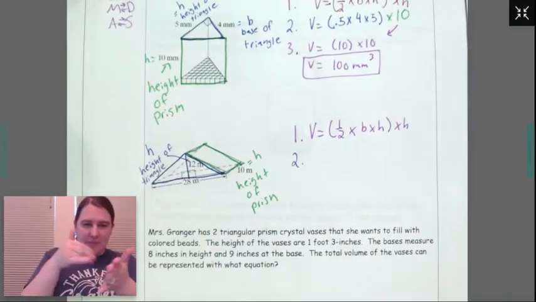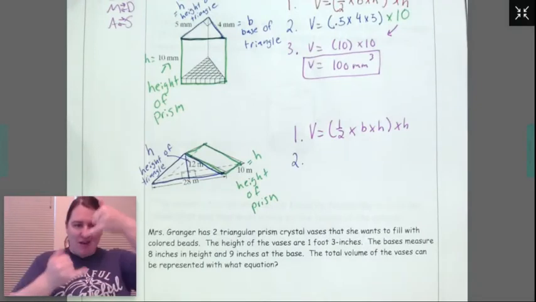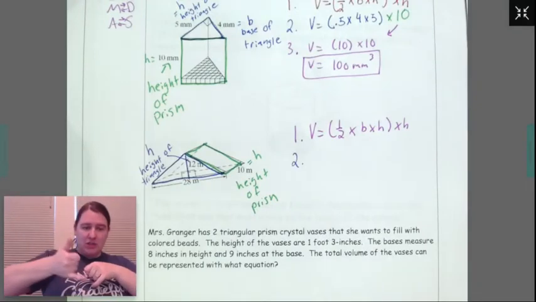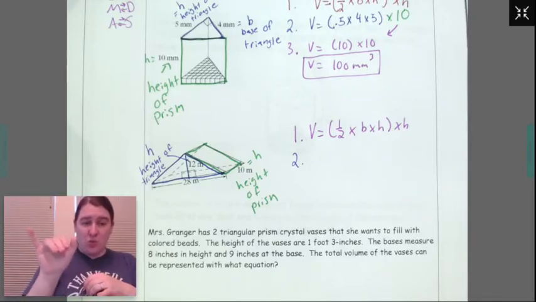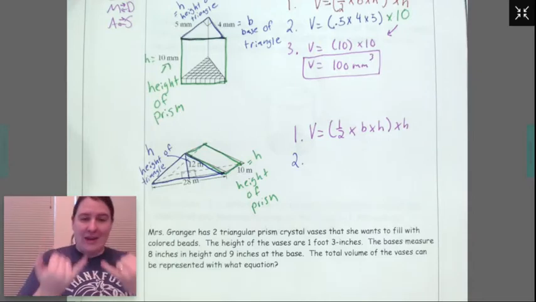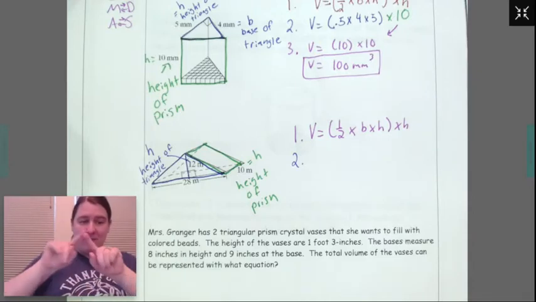Okay, it's right there in the middle, next to the line, showing the measure of height is 12. Right now I need my base of my triangle.